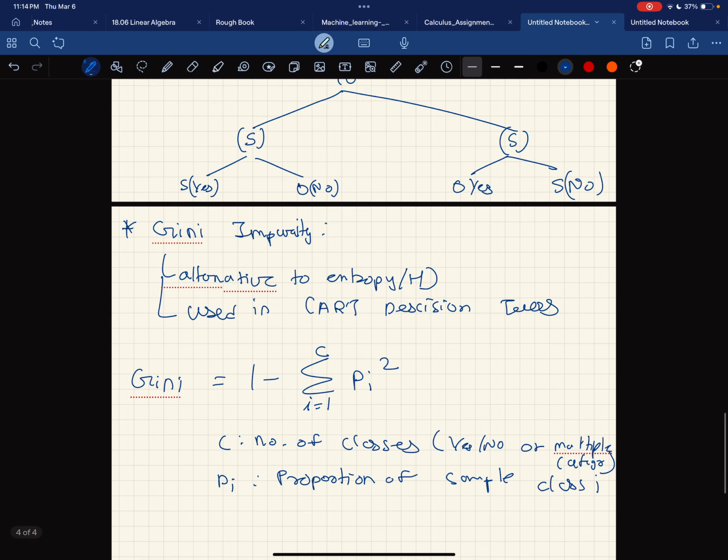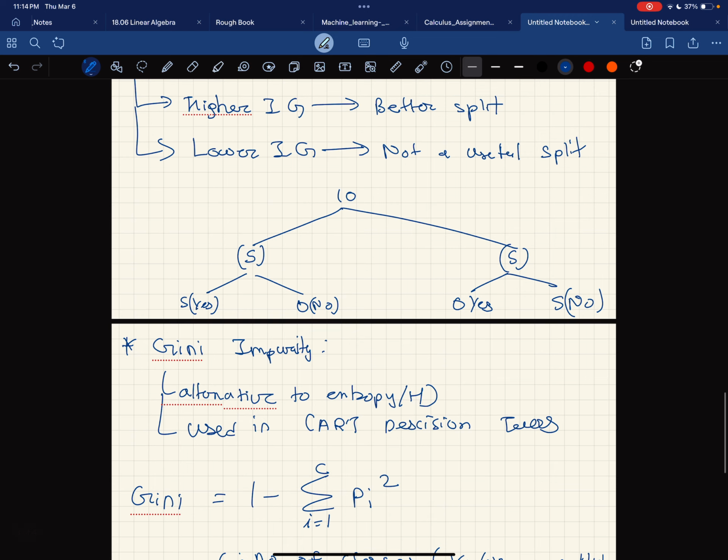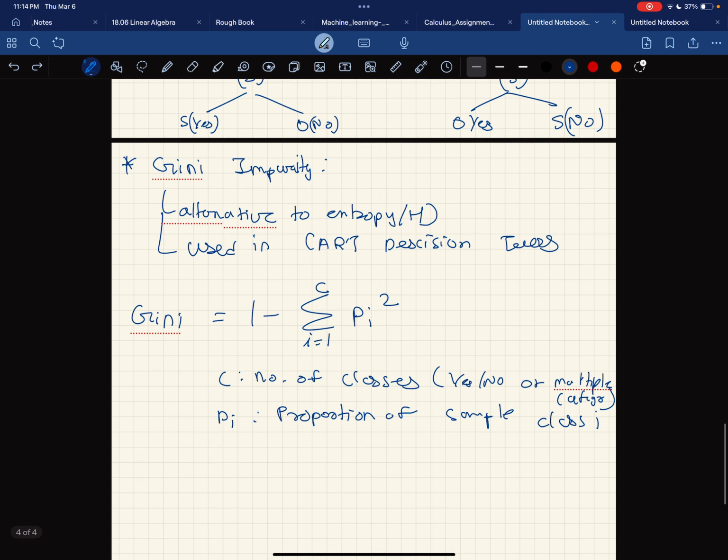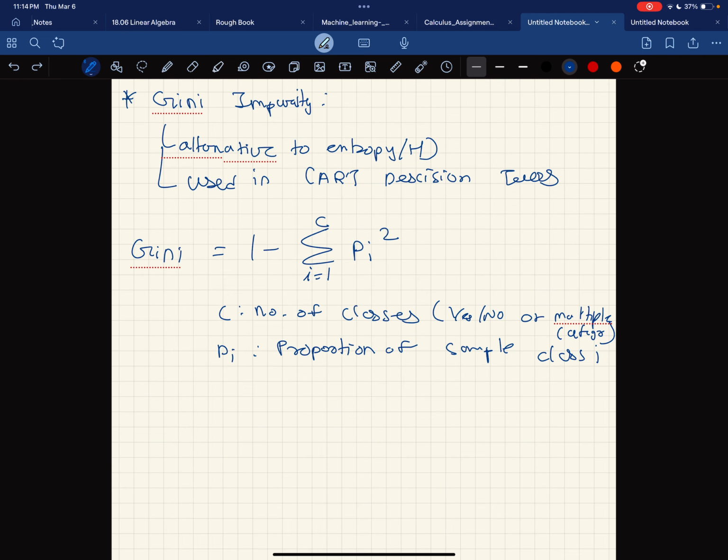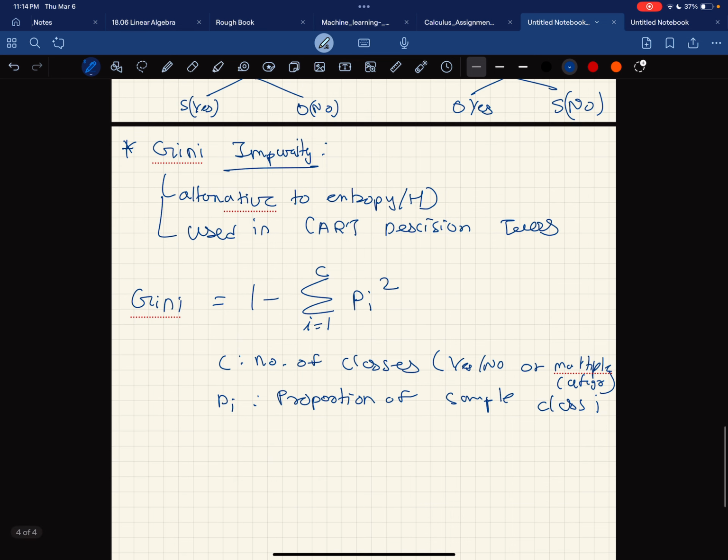So if we consider this example and calculate the Gini impurity, it would be 0. I'll show you the calculations, but I'm just letting you know that it would be 0. We got a perfect split, so of course the impurity is going to be 0. That's common sense.